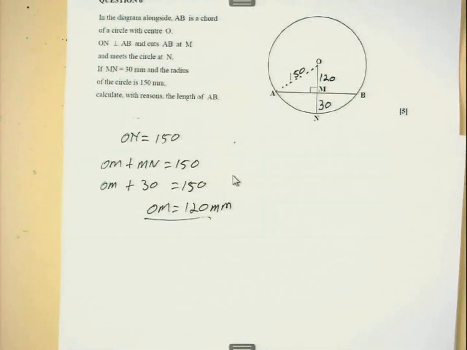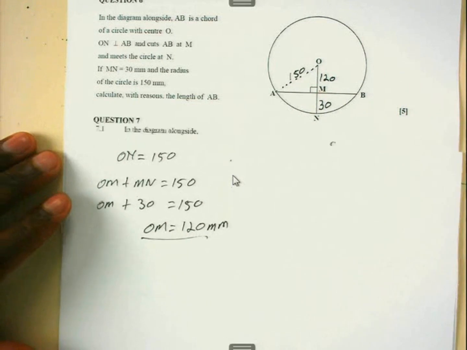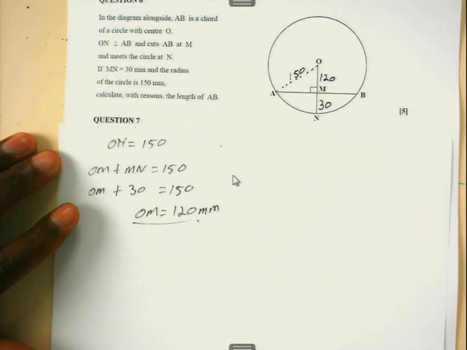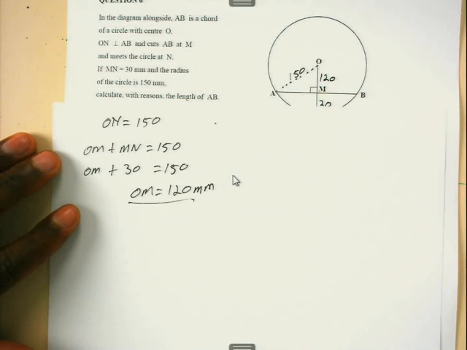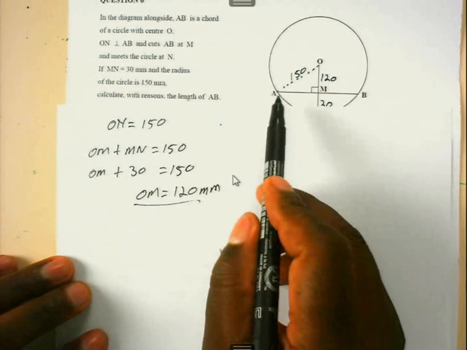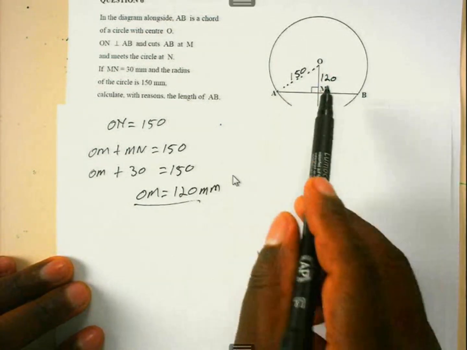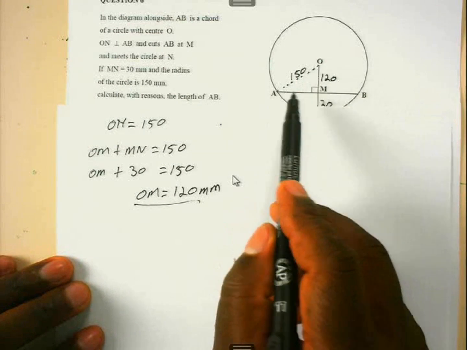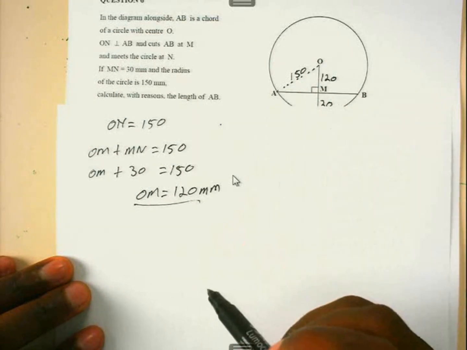That's OM. So let's go through the question. We are to calculate with reasons the length of AB. Now that we've got OM as 120, it's easy for us to calculate AM.